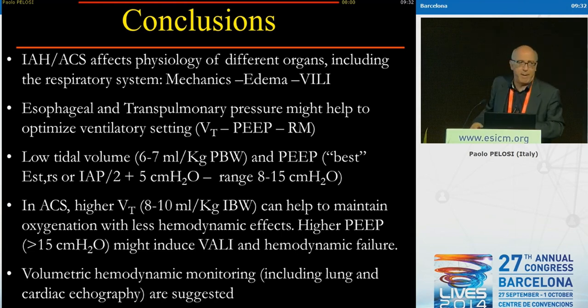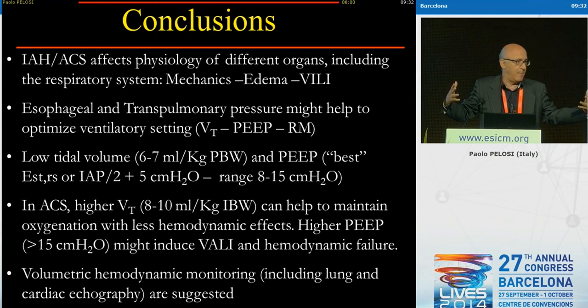In abdominal compartment syndrome, when the intra-abdominal pressure is very, very high, higher than 25 millimeters of mercury, we have to call a surgeon first and detect the main cause of the disease. But we have to consider very carefully whether to continuously increase PEEP, because this can negatively affect hemodynamics and the respiratory system, and eventually increase tidal volume a little bit more and keep PEEP a little bit lower, even if we have no clinical data suggesting that this is the optimal strategy.